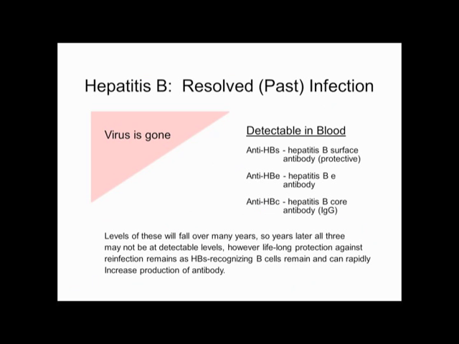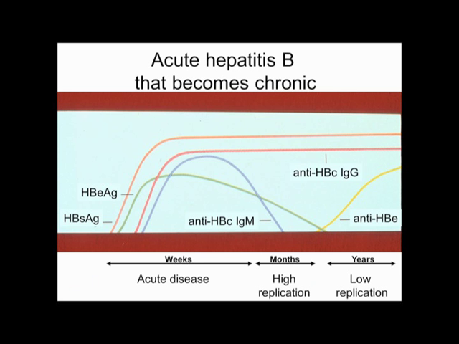Once the virus is gone, then you have these antibodies left. Now, many years afterwards, the titers may fall. They may not be that apparent, but they're there. You can get hepatitis B that becomes chronic. In that case, you still have the virus, you still have surface antigen, but now you've got IgG antibodies.